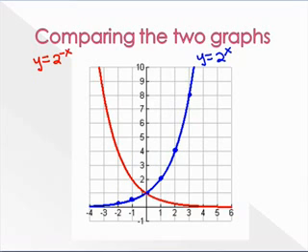Now I'm going to change that just a little bit. I am going to rewrite that, and we're going to look at it like this. We're going to say y is equal to 2, and we're going to break apart the negative x and say that's equivalent to negative 1 times x. Would you agree? Negative 1 times x gives us negative x. Now we're just going to look at 2 to the negative 1, that quantity raised to the x.